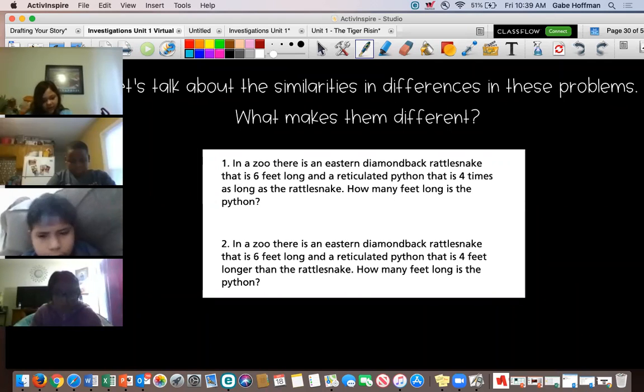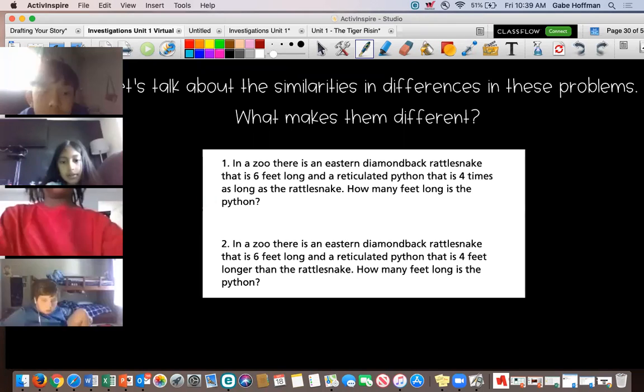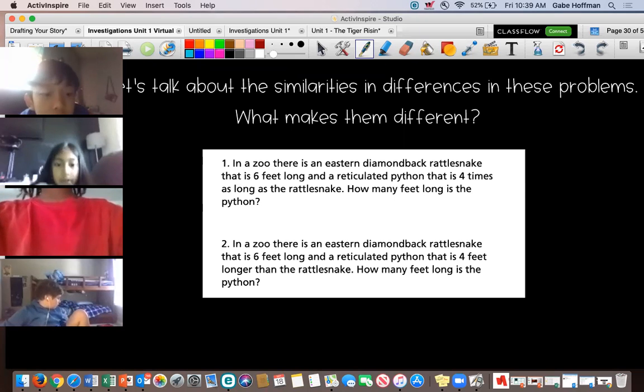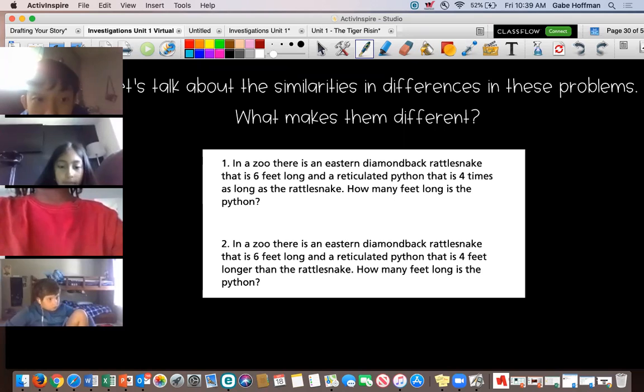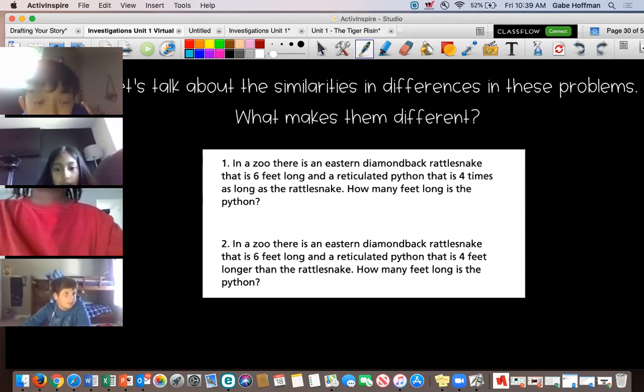In a zoo, there is an Eastern Diamondback rattlesnake that is 6 feet long and a Reticulated python that is 4 times as long as a rattlesnake.